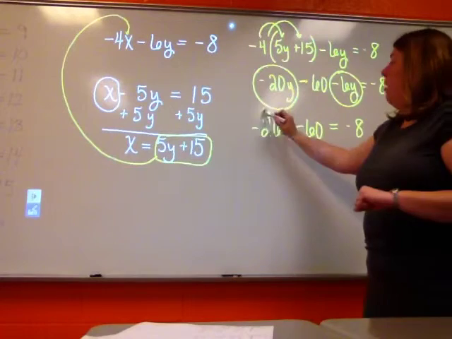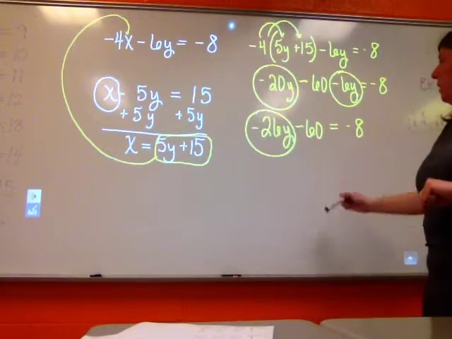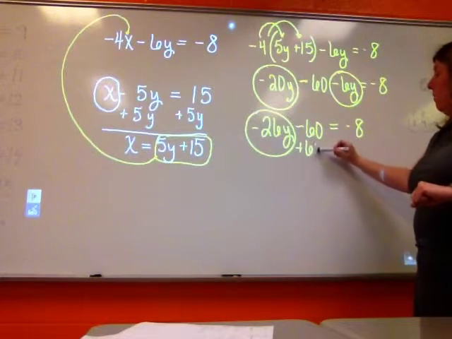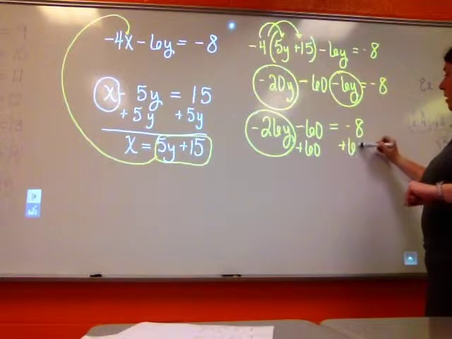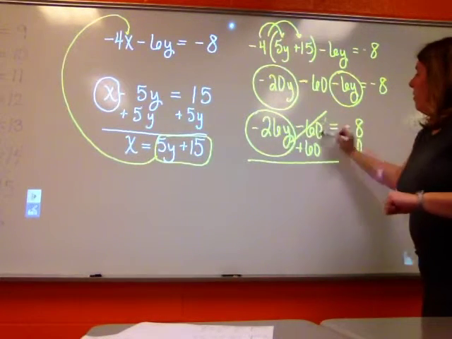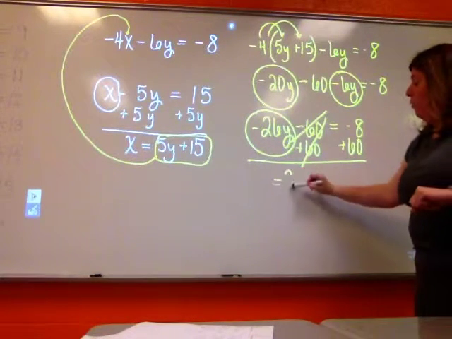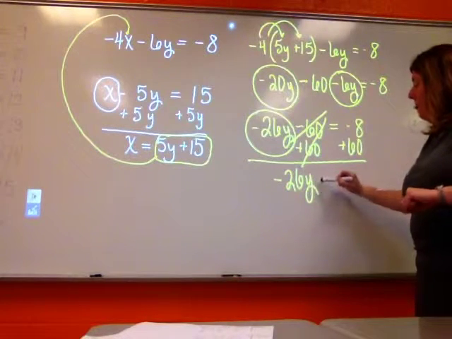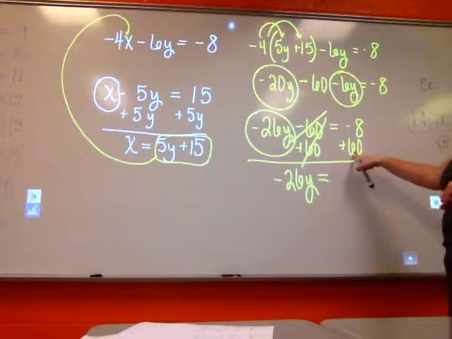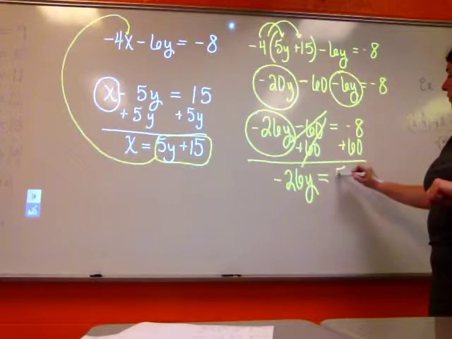Okay? Now I'm down to a two-step equation. I've got to add my 60. Those are going to cancel. Negative 26y is equal to 52.